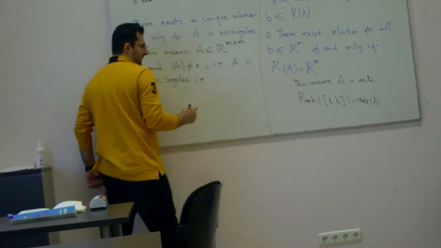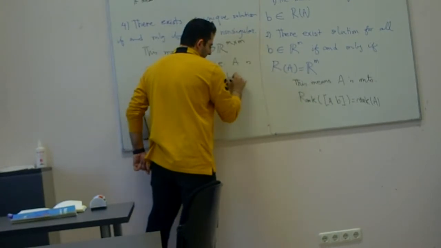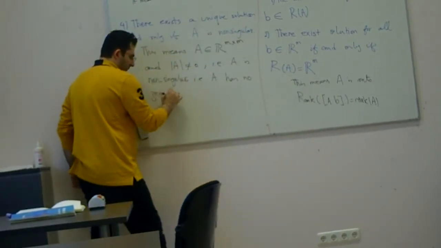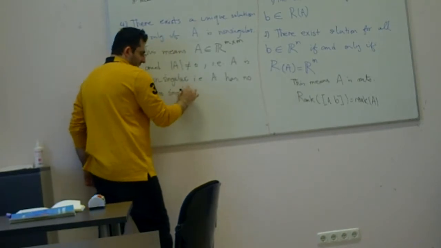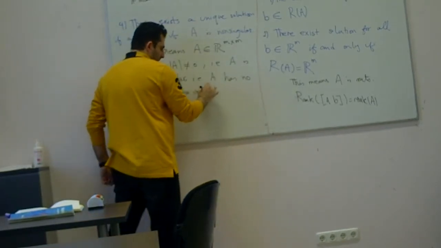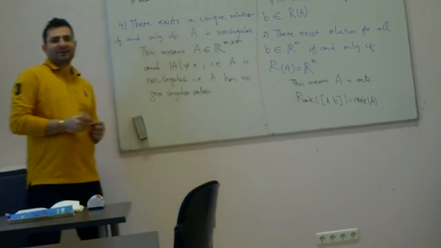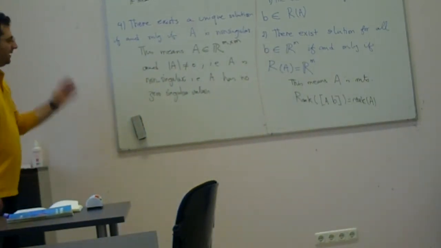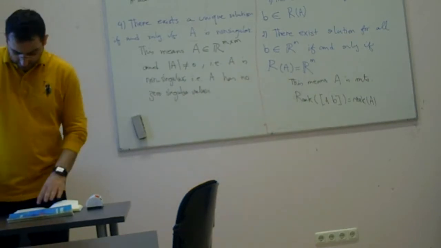Again, this means A has no 0 singular values. We know that if we have a 0 singular value in the SVD, then A will not be non-singular.